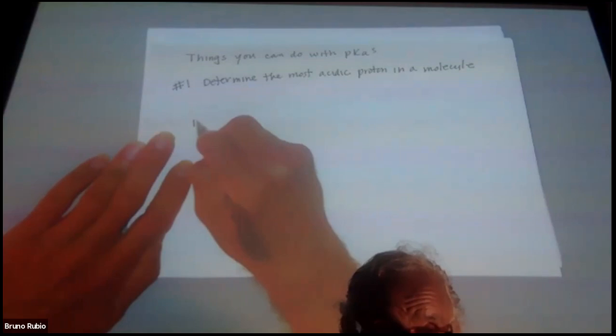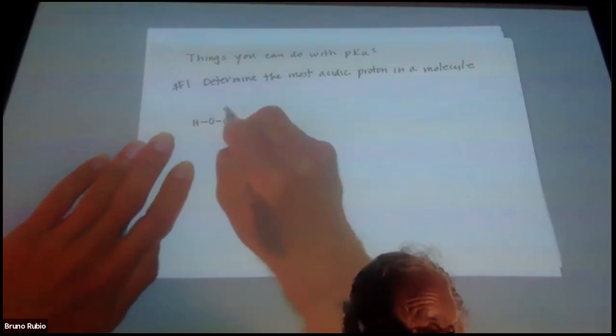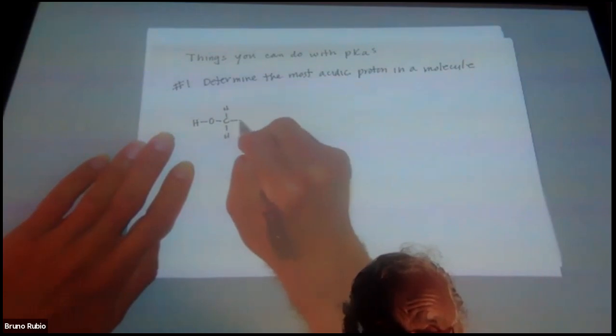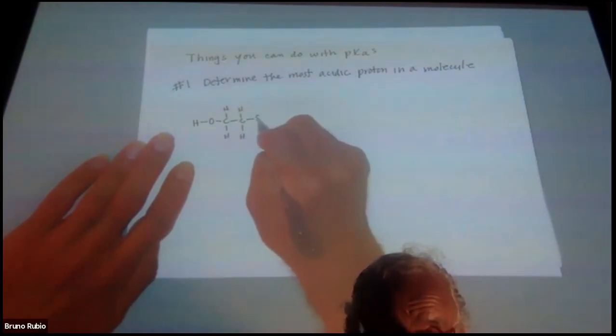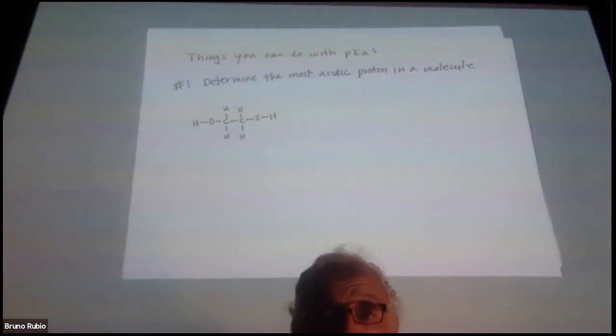So for example, if I look at this guy, I want to determine which is the most acidic proton in this molecule.